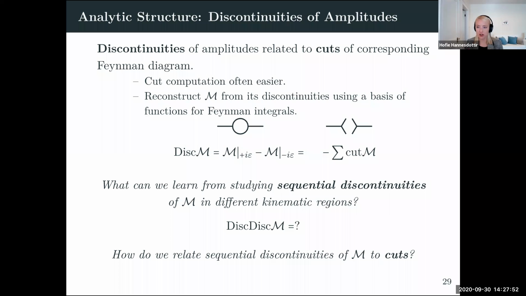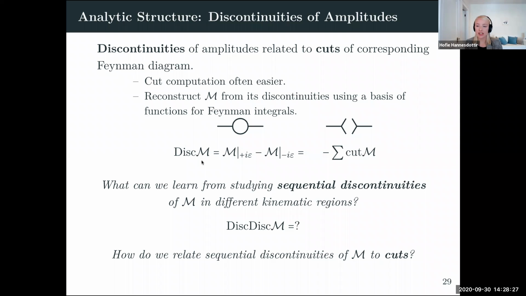So the usual cutting rules relate discontinuities of amplitudes to cuts of the corresponding Feynman diagrams. And the game is then that you can do the cut computation, which is often easier than computing the full amplitude. If you do the cut computation and sum over all cuts, then you know the discontinuity of the amplitude. And then you can often reconstruct the full amplitude using information about its discontinuities if you have, say, a basis of functions for your Feynman integrals or some other constraints.